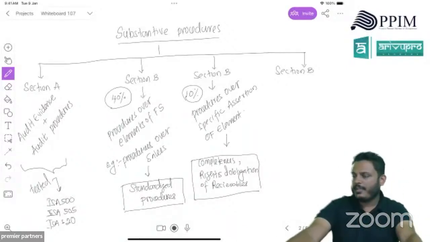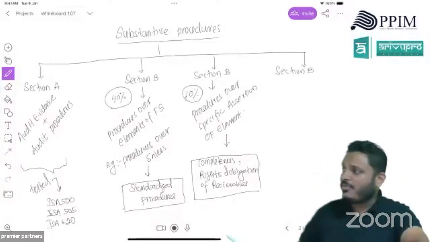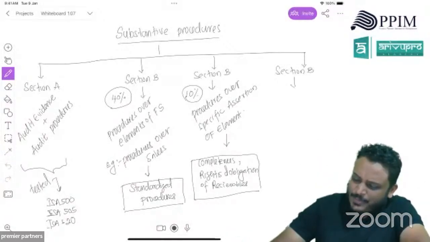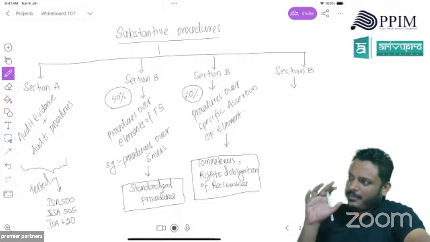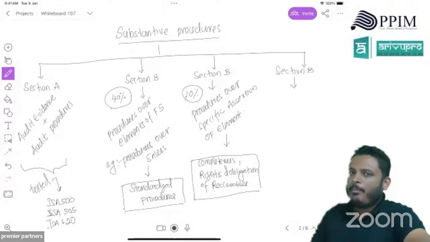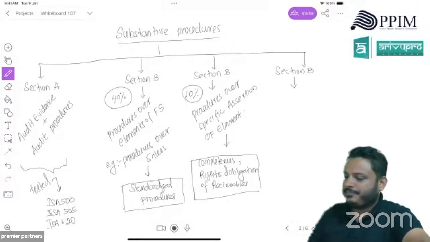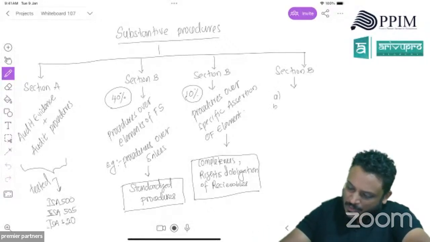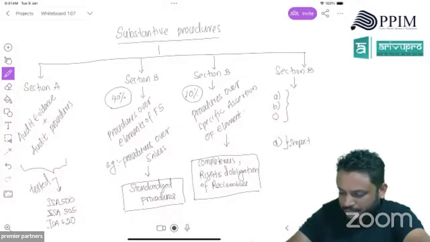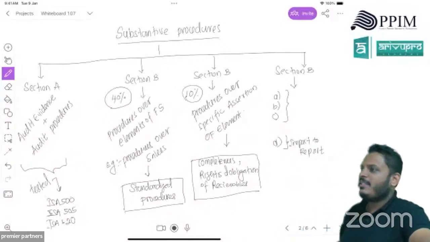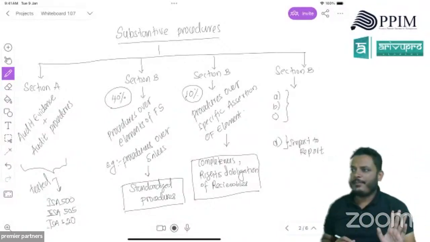Section B, the last one, these recent past papers, especially question number 3, the examiner is testing in this way: Parts A, B, C, D. Parts A, B, C are all substantive procedures. Part D is the impact on the audit report, which we discussed yesterday.